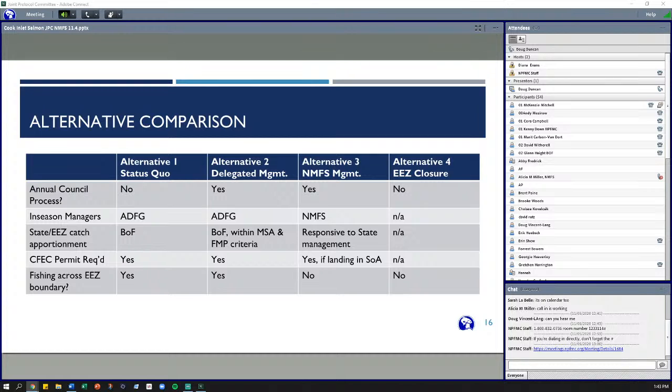If not, the council could choose to take action to limit harvest in the EEZ. And under alternative 3, it would be NMFS taking action, and I believe the council also establishing a plan to alleviate the overfishing or overfish condition. Thank you.